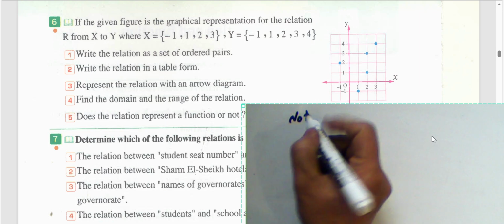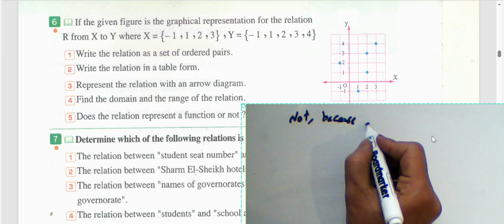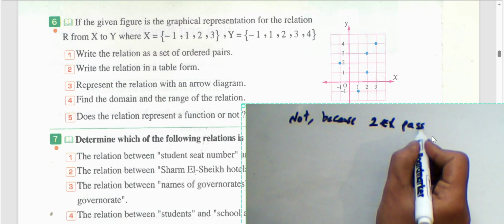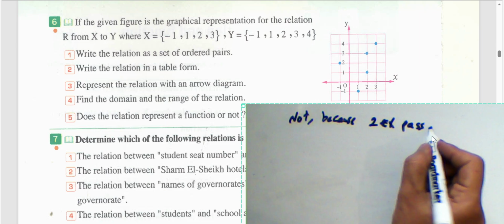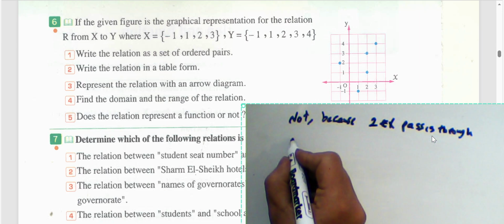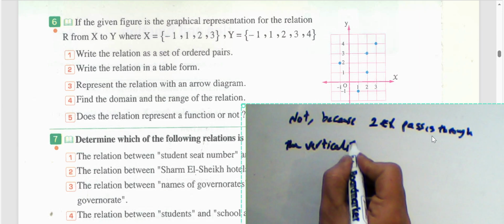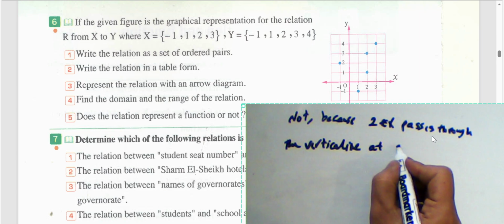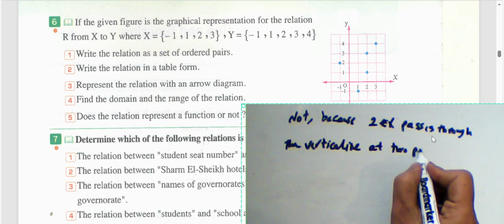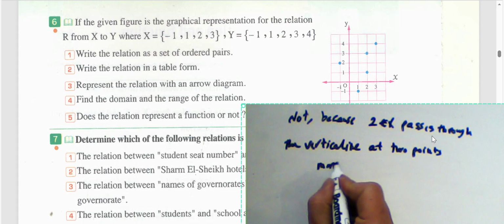Not a function, because x equal to 2 passes through the vertical line at 2 points, more than 1.